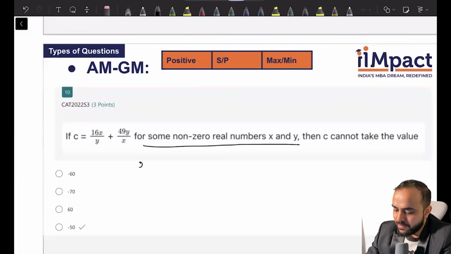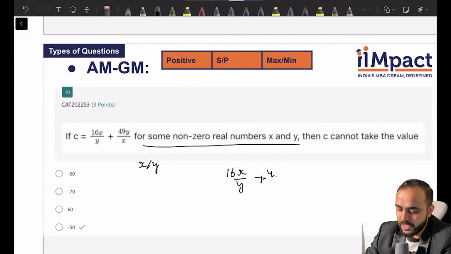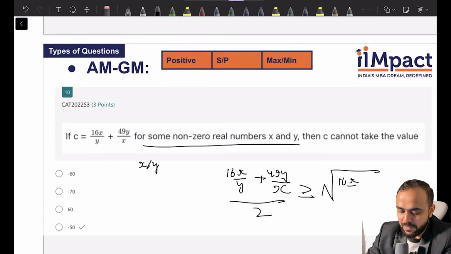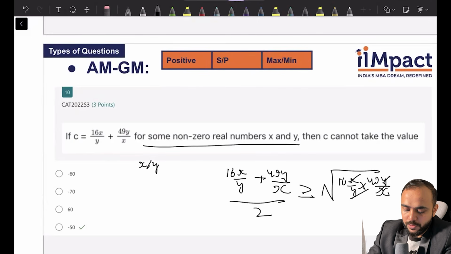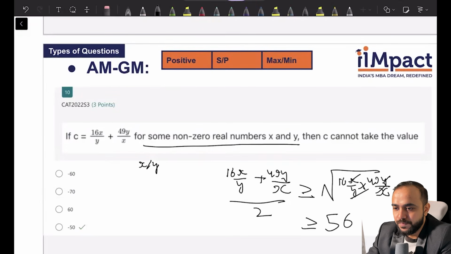So if x by y is positive, then 16x by y plus 49y by x divided by 2 will be greater than equal to under root of 16x by y into 49y by x. Correct? Or this will become 4 into 7 or 2 into 4 into 7, which is greater than equal to 56.